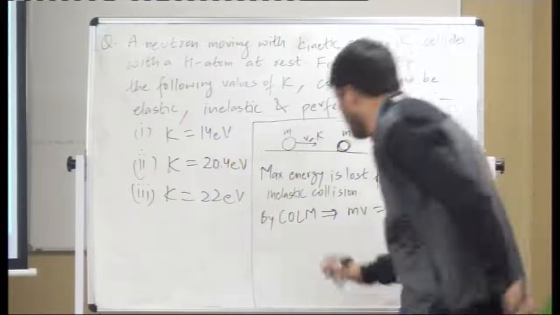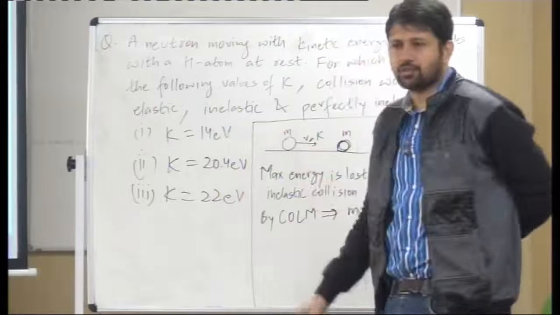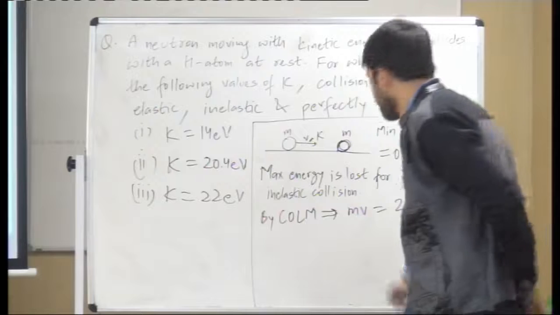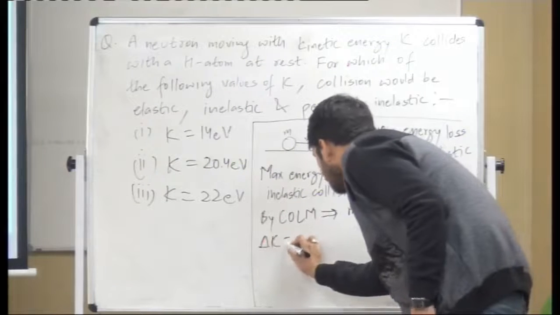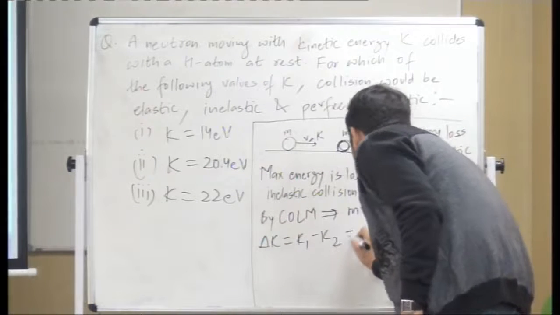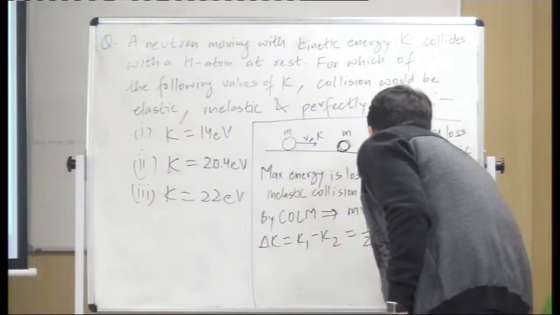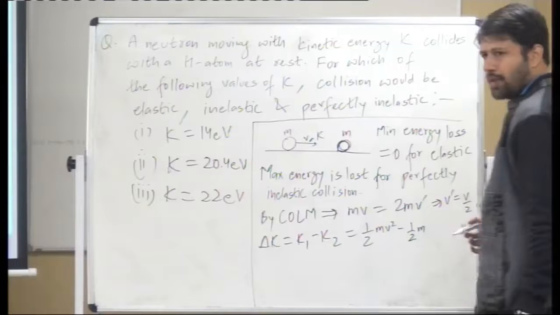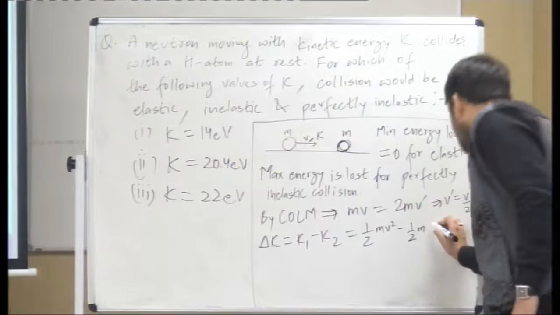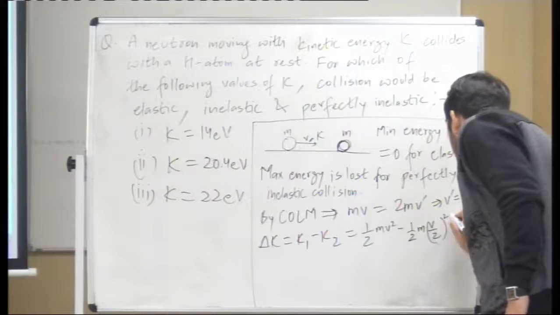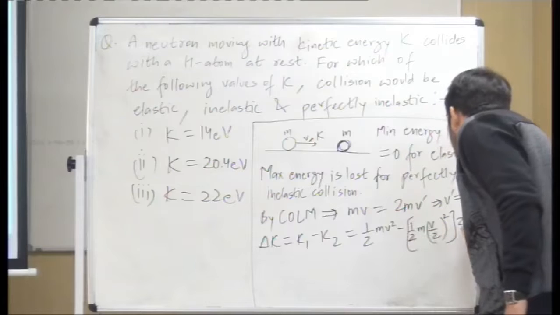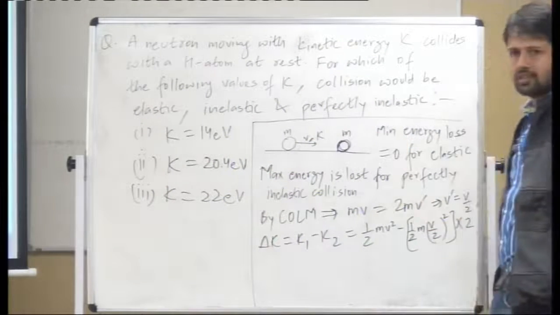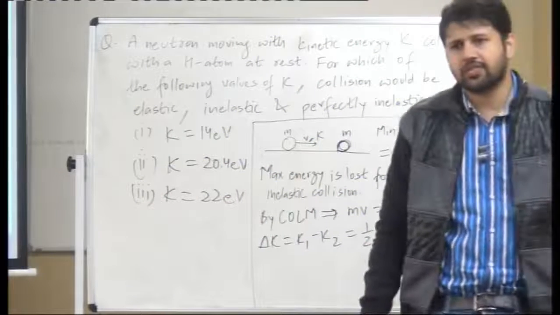Initial kinetic energy was half mv squared. Final is the sum of kinetic energies of these two bodies. So loss of kinetic energy would be K1 minus K2. Initial is half mv squared. Final is half m v' squared, where v' is v by 2 whole squared, twice of this, because there are two masses moving with v' speed.